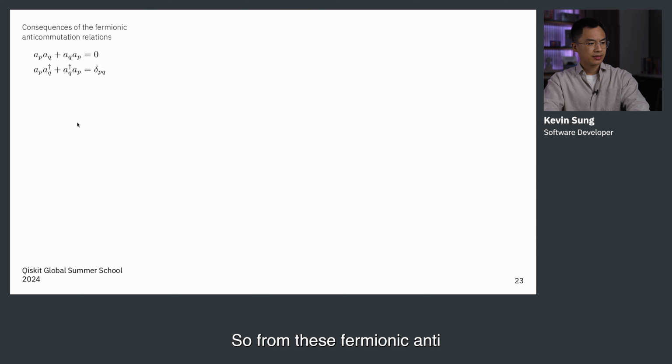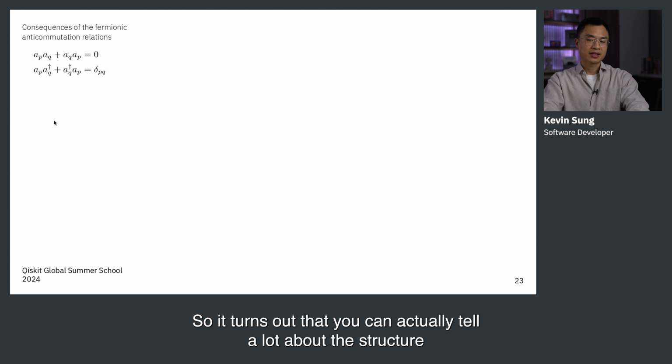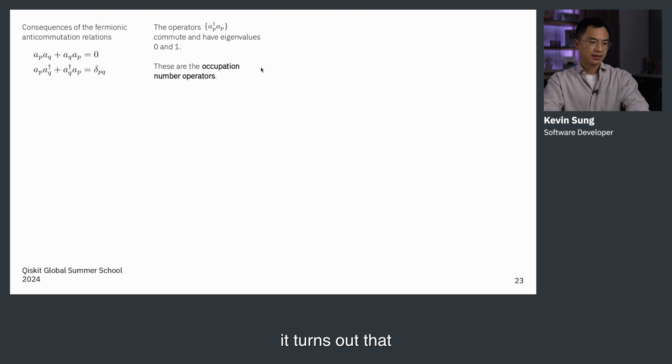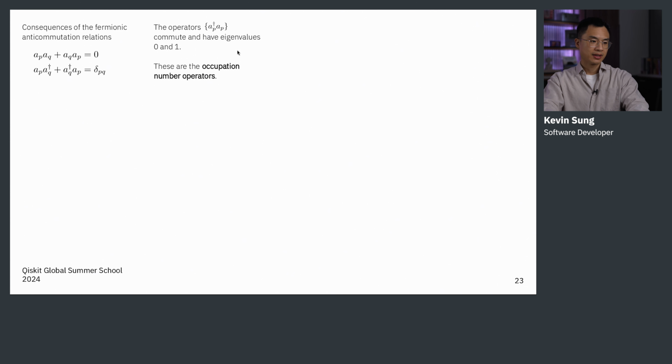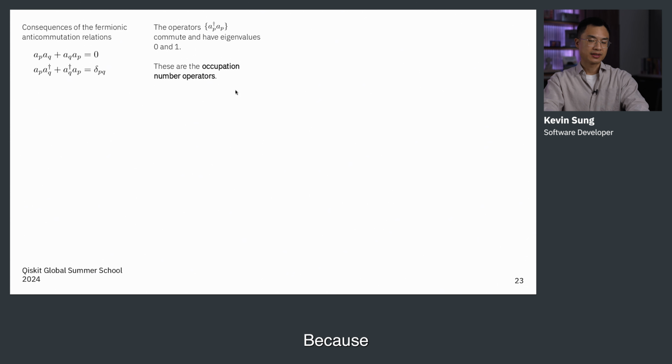From these fermionic anti-commutation relations, we have a set of operators and they satisfy these relations. It turns out that you can actually tell a lot about the structure of the vector space in terms of these operators. The operators a_p dagger a_p commute and they have eigenvalues 0 and 1. These are called the occupation number operators because they tell you the occupation of a mode.